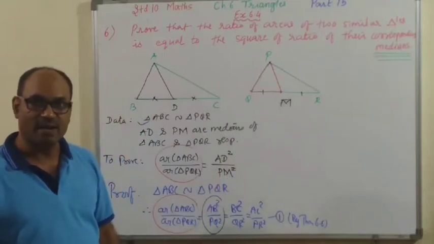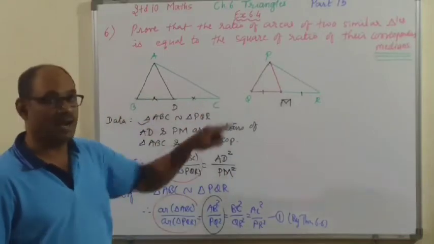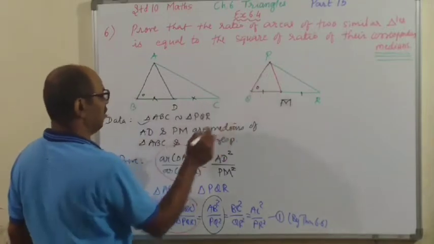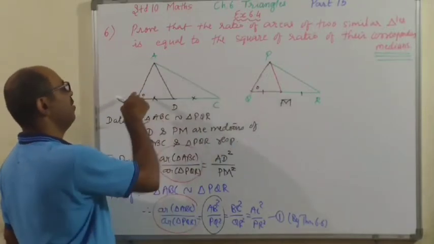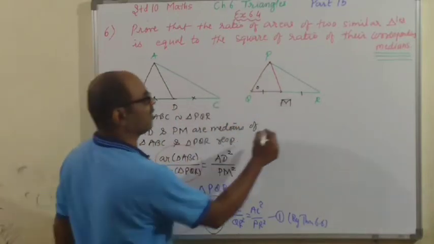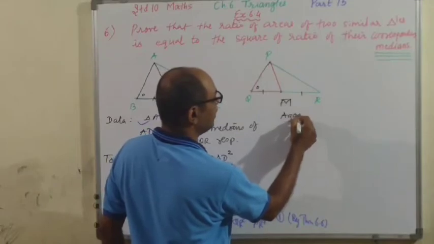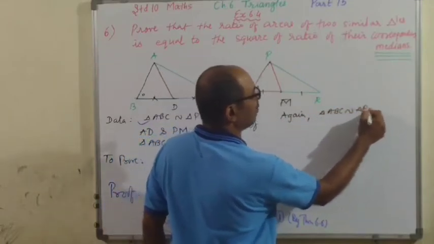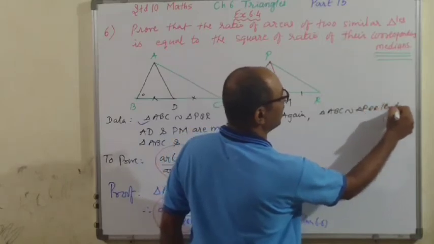ये रिजल्ट मिल जाएगा. लेकिन अब ये दो ट्राइंगल प्रूव करने के लिए, you know this angle is congruent to this angle. क्यों? Similarity. And you know AB upon PQ is equal to BC upon QR. ये दो चीज ले लेता हूं. Again, triangle ABC is similar to triangle PQR by data.